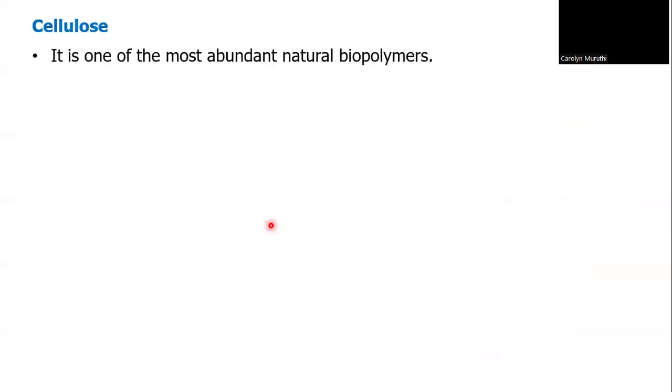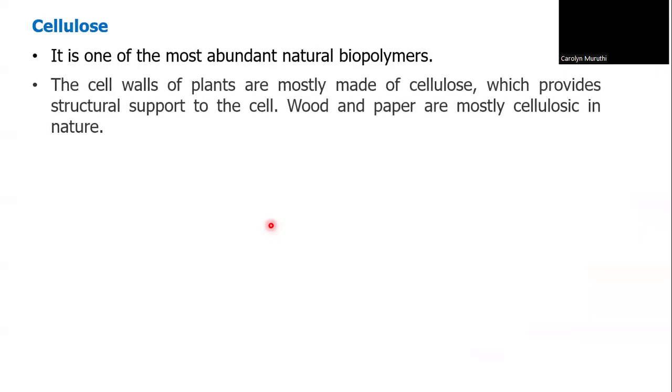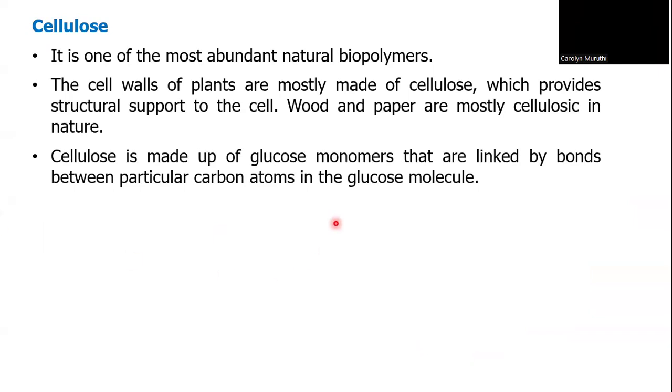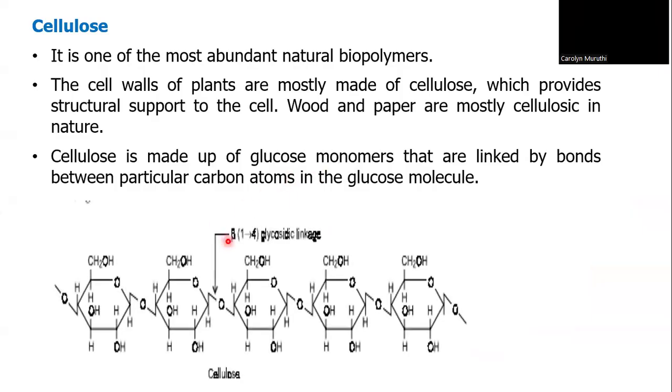Cellulose, this is one of the most abundant natural biopolymers. It's an example of a homopolysaccharide, because it consists of glucose monomers which are linked through beta-1,4 glycosidic linkage. The cell walls of plants are mostly made up of cellulose, and therefore they provide structural support to the cell.